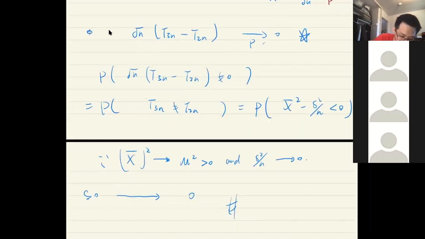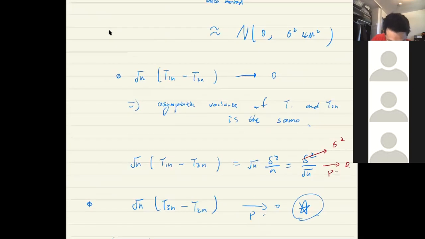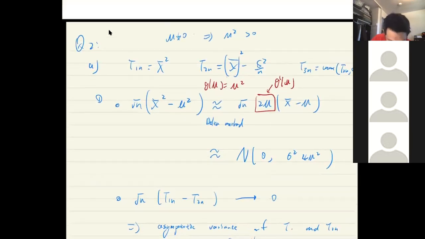So they will have the same asymptotic values.